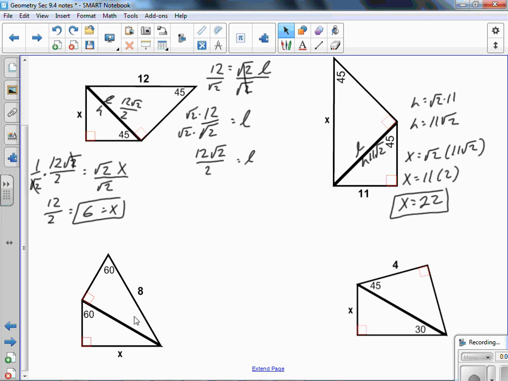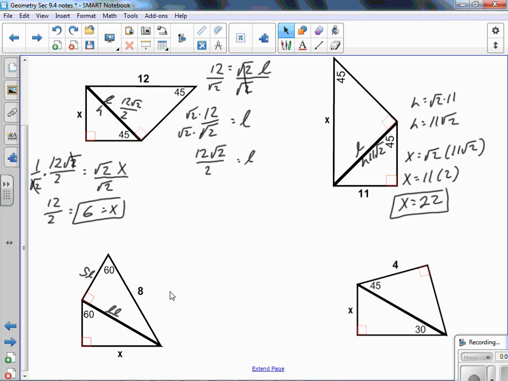All right, so in order to solve for this long leg down here, we've got to go from this hypotenuse, find that short leg right there, and then we're going to get the long leg on that one.